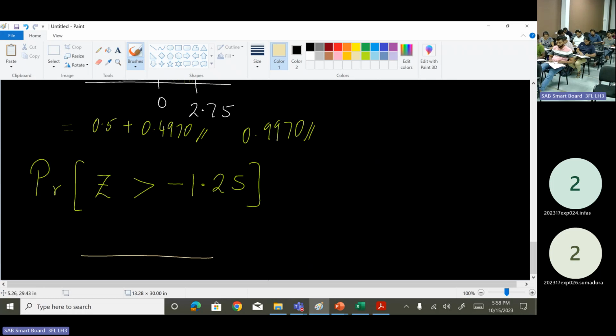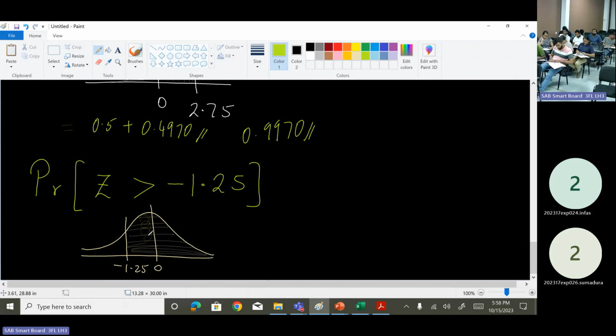So Z scale, we can draw the structure. 0 comes in the middle. Minus 1.25 we have to mark, maybe somewhere there. Now which one? Is it greater than that? So we want this region. We want this area. So how do we get this particular area?